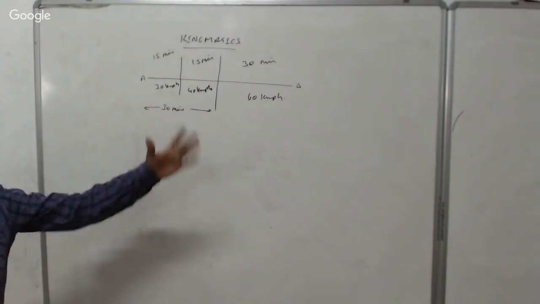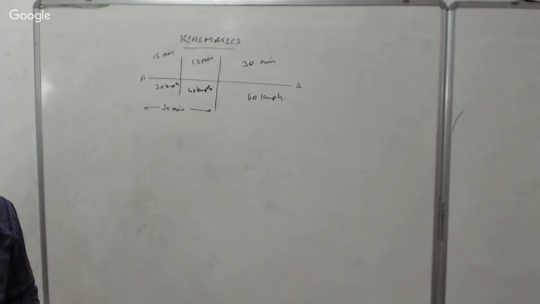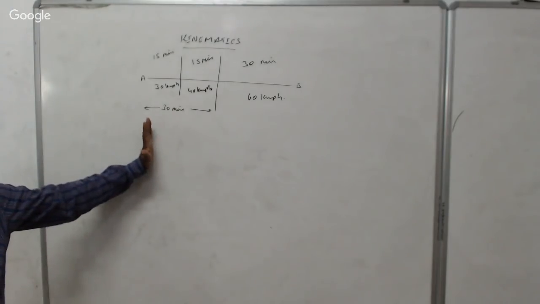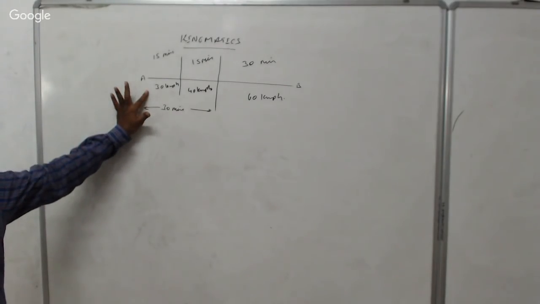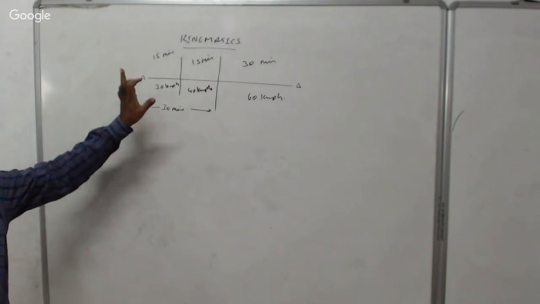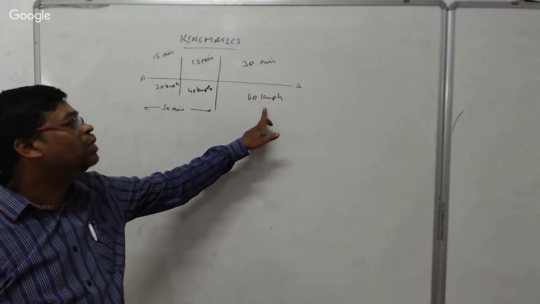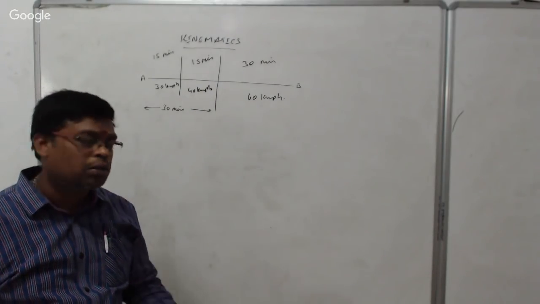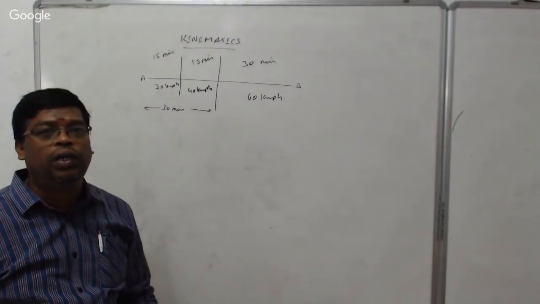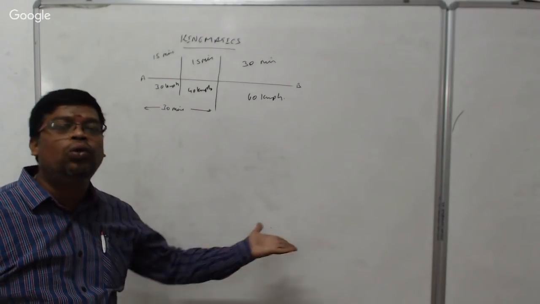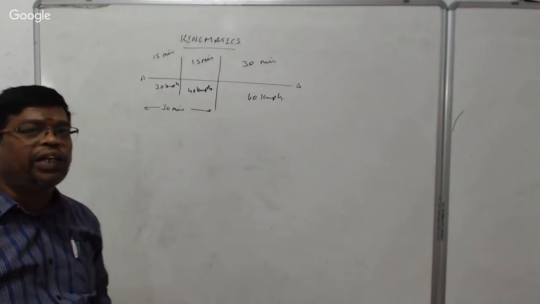So what you have to calculate here? We need to calculate the distance traveled in the first 15 minutes, distance traveled in the second 15 minutes, and the distance traveled in the last 30 minutes. Work is said to be done. Why? Average speed is equal to total distance by total time taken.